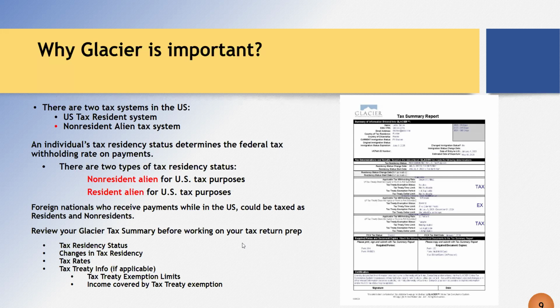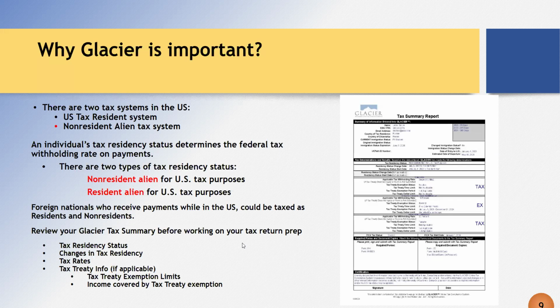An individual's tax residency status determines the federal tax withholding rate on payments. There are two types of tax residency status: non-resident alien for US tax purposes and resident alien for US tax purposes. It has nothing to do with immigration. It's not making you become a permanent resident or green card holder. It's purely for determining your tax rate.